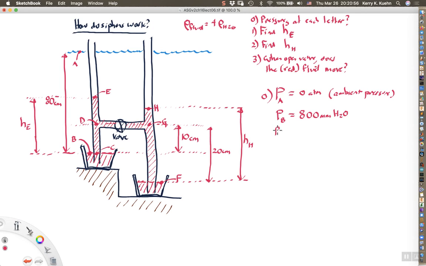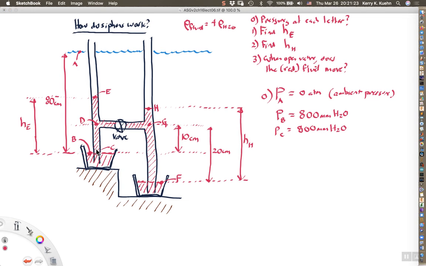What about the pressure at point C, right here? Well, the pressure at point C is at the same height as at point B, but this one is inside the tube, this one is outside of the tube. So the pressure here and here is going to have to be the same. This is also going to be the pressure of 800 millimeters of water.